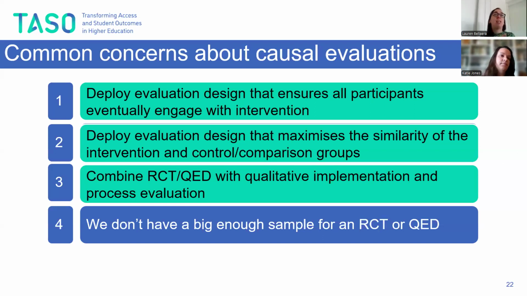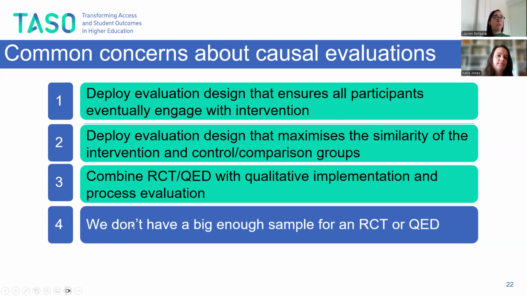But we do recognise that there are instances where the samples are very small. If that is the case, then a QED or an RCT won't necessarily be the most appropriate method. This is also just to highlight TASO's work on small Ns. They have a set of resources on their website around what to do if you have very small sample sizes.